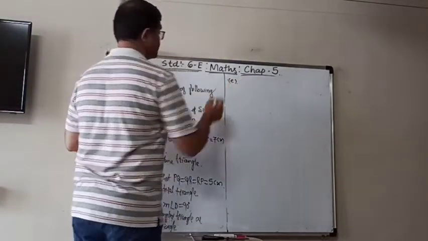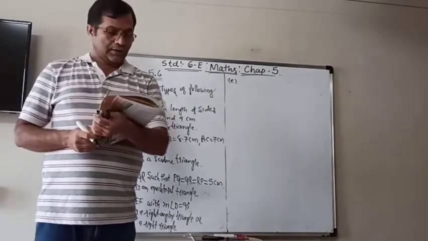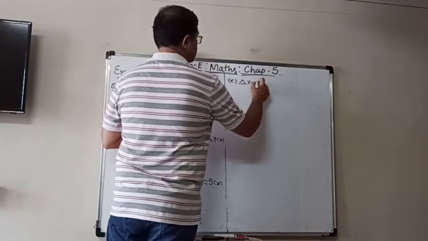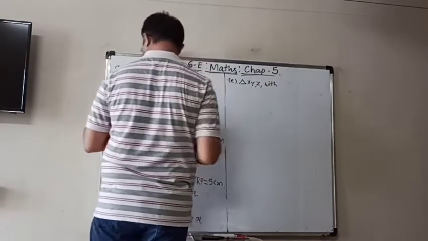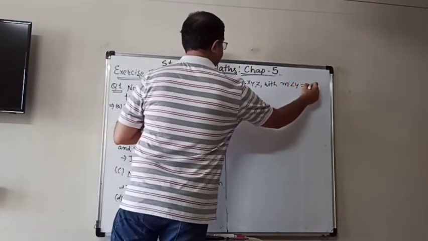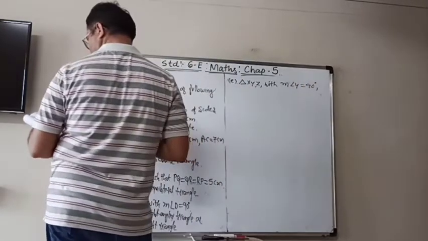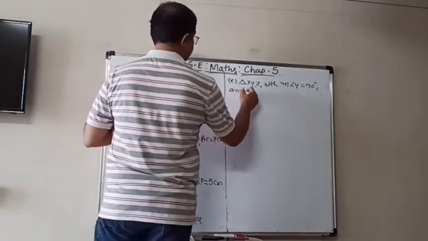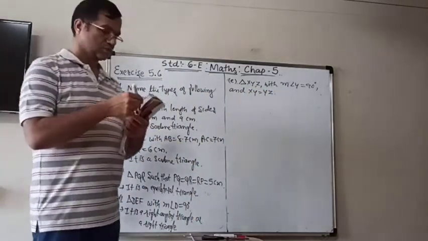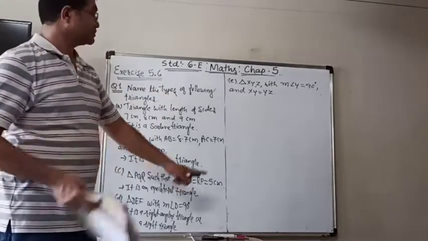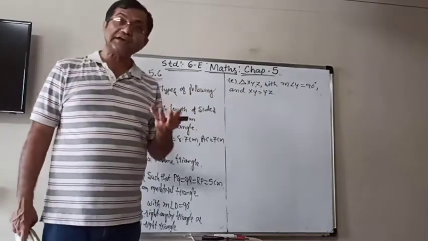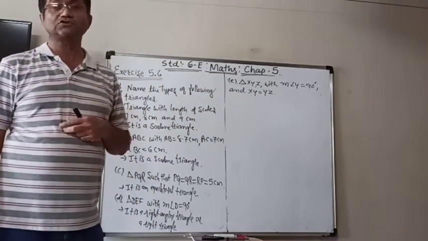Then E. Triangle XYZ with measure of angle Y equal to 90 degrees, and XY is equal to YZ. So here you can see that 90 degrees means it's a right triangle. Two sides are equal also, meaning isosceles also.